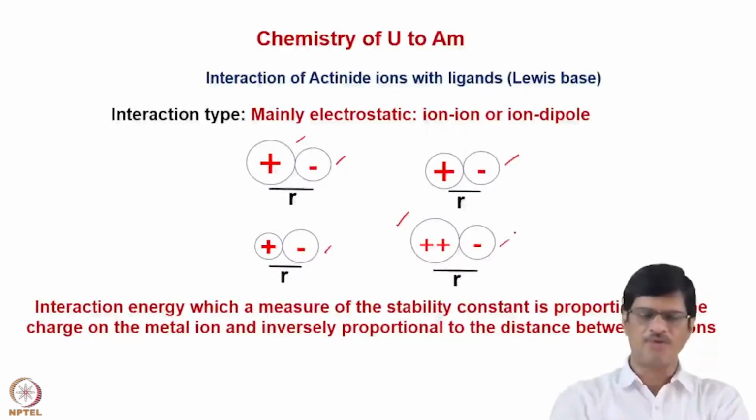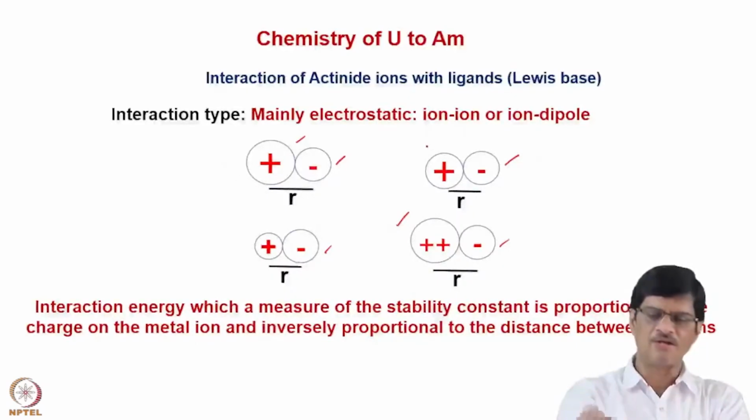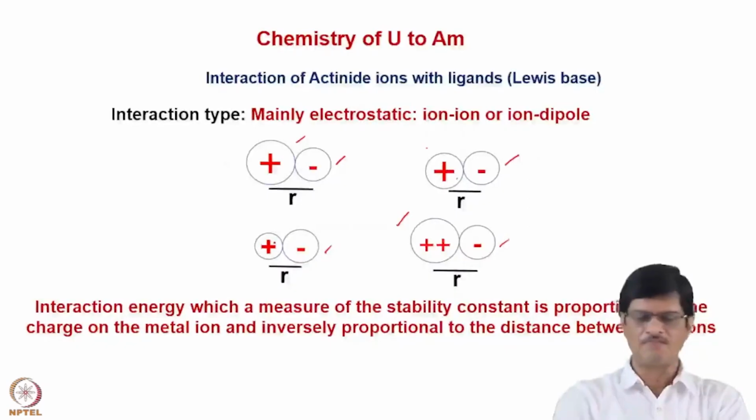Now I have taken 4 cases where I've also tried to show the size of the metal ion. In the first case, the size of the metal ion is bigger than that of the second one, where the size is smaller. In the third one, the ligand size is bigger than that of the metal ion.